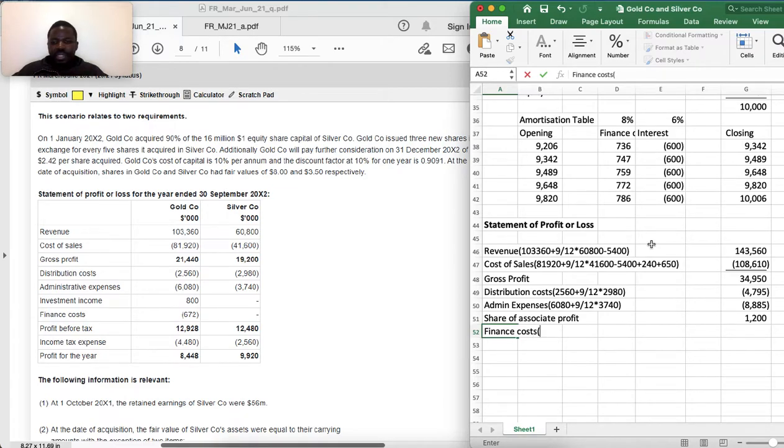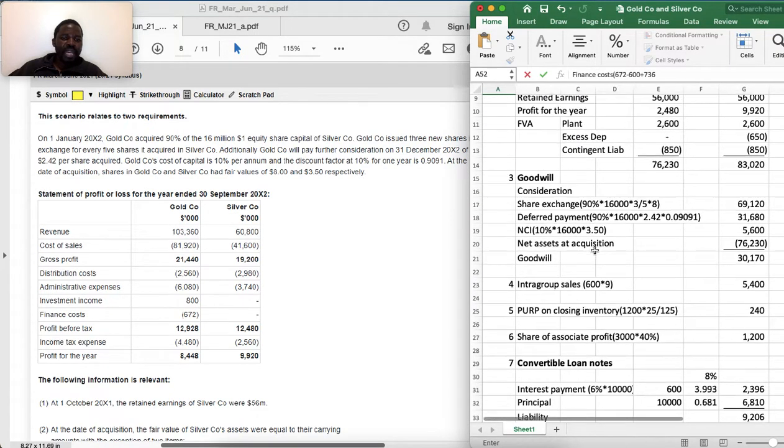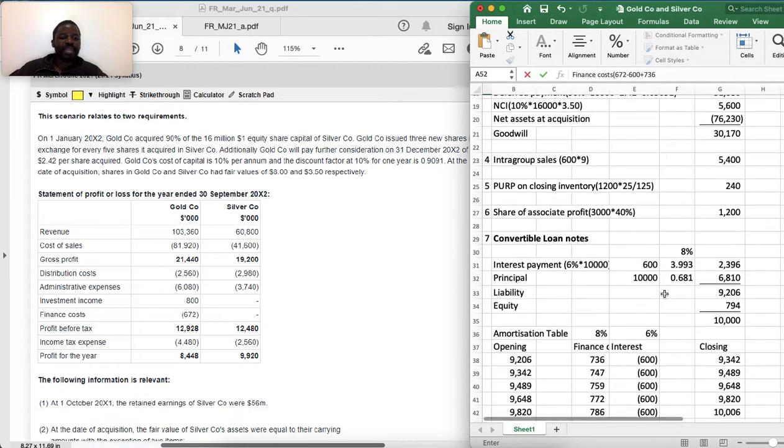Finance costs, we have 672, but we said we are going to subtract the 600 and add the 736, the correct. We have to remove the incorrect interest and add the correct finance cost. Then from here, we also need to add the unwinding of this deferred payment.